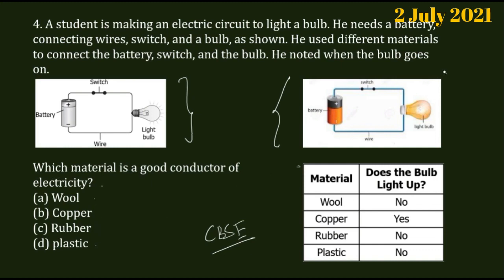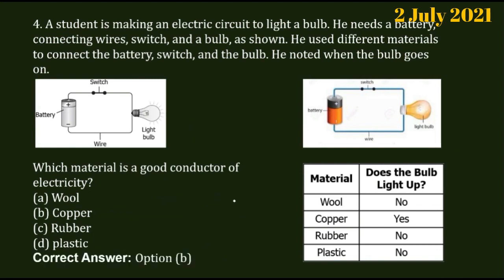We don't require this picture at all to answer this question, because we know that metals are good conductors of electricity, and out of the options here, copper should be the right answer. So let's see what the right answer is. The answer is B.